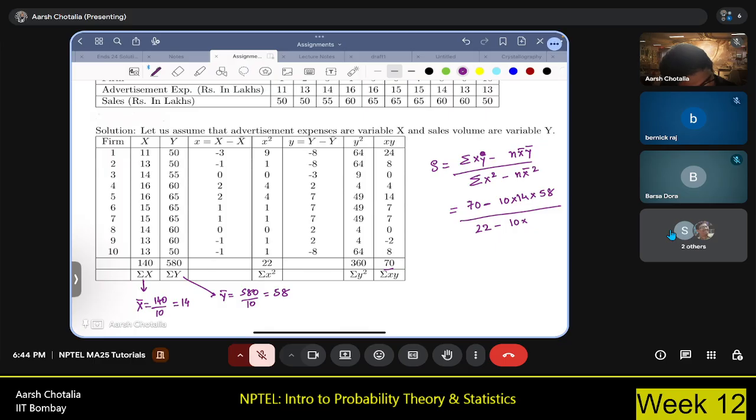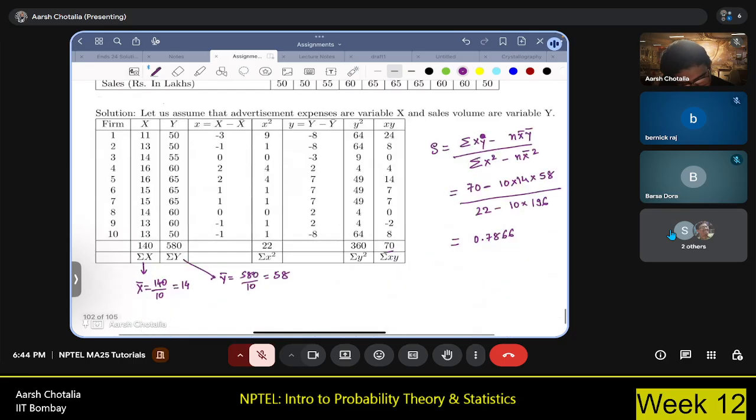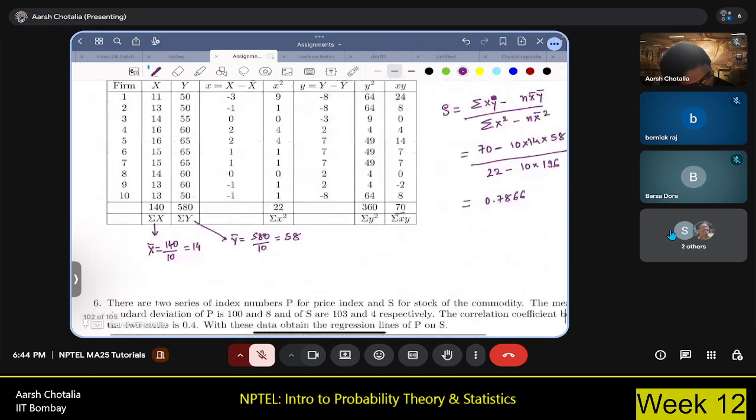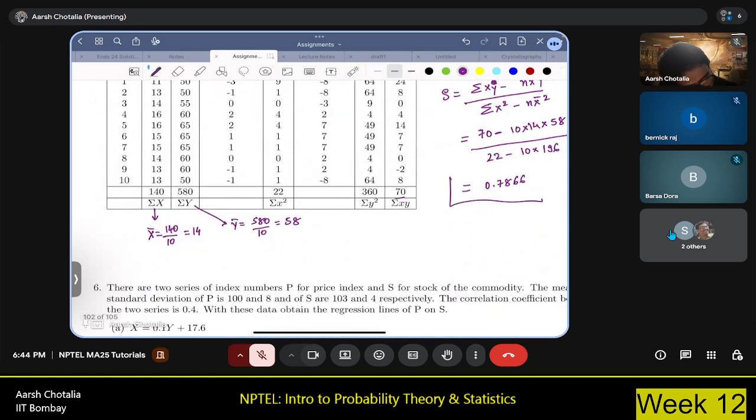X bar square is 14 squared, so 196. So this you calculate and it turns out to be 0.7866. Okay, so that is the answer. There are no options for some reason. Yeah, so this is the answer.